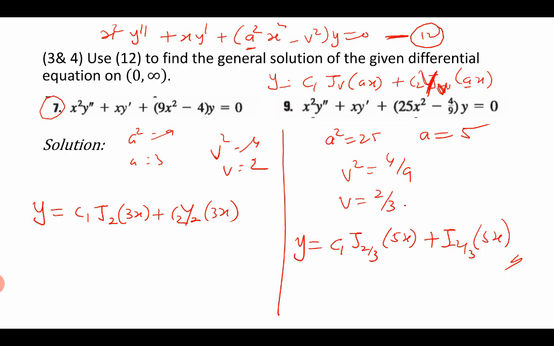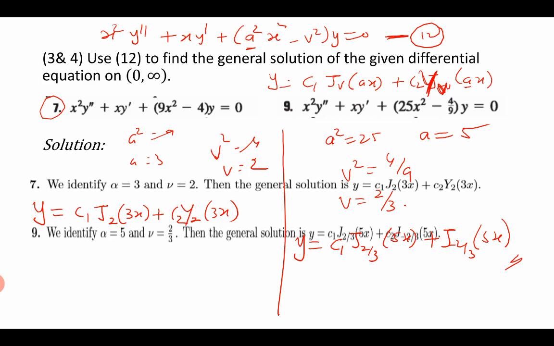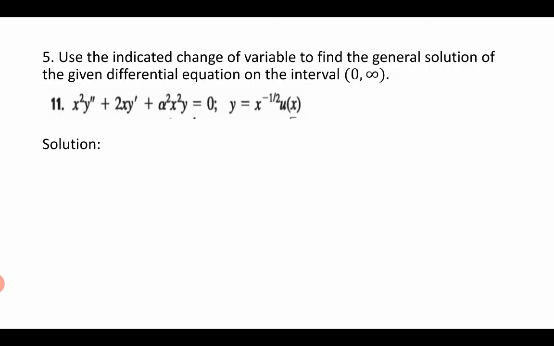The next problem is coming up. The solutions are given here. Next problem: use the indicated change of variable to find the general solution of the given differential equation on the interval 0 to infinity.